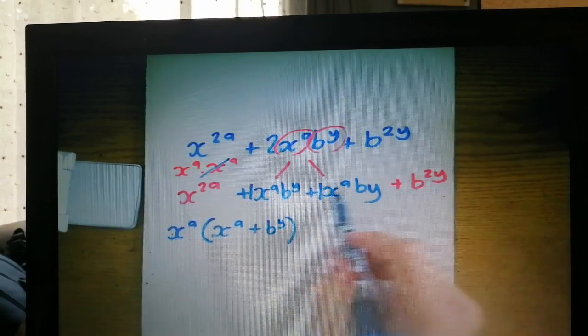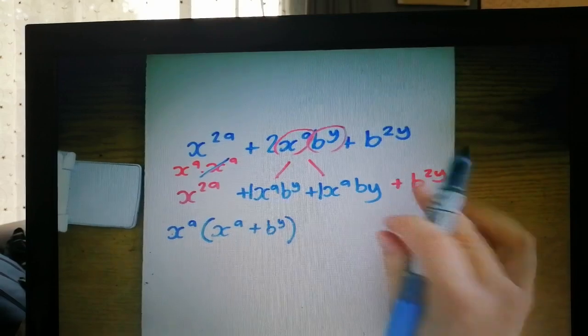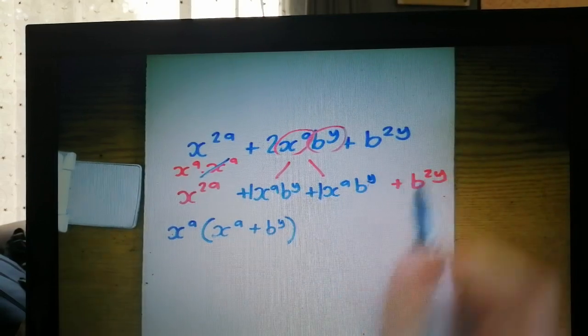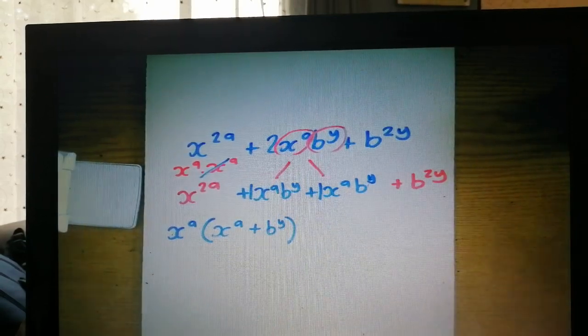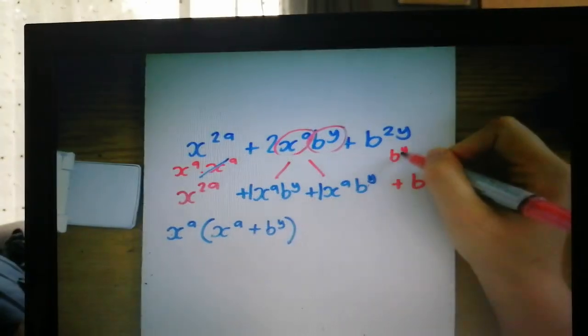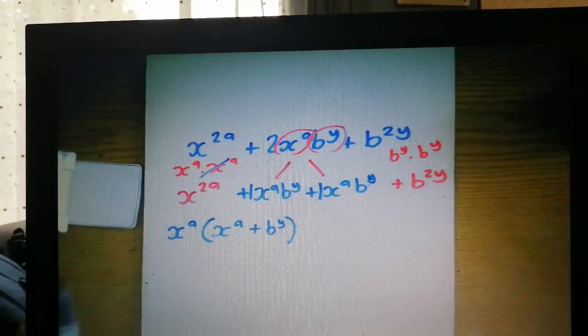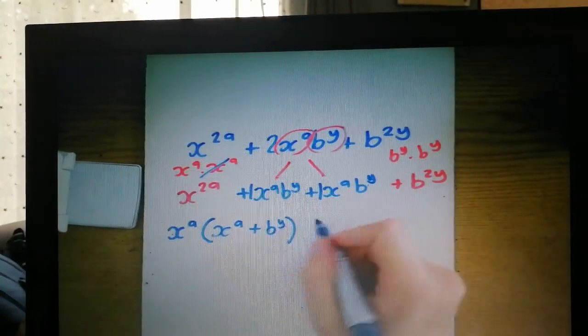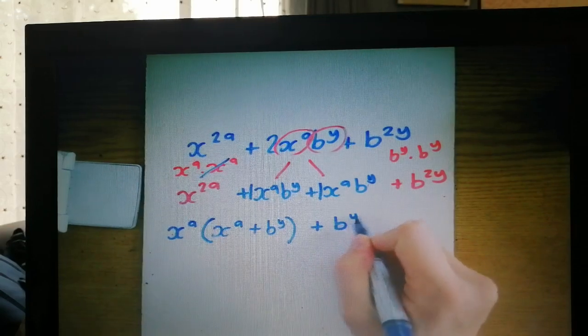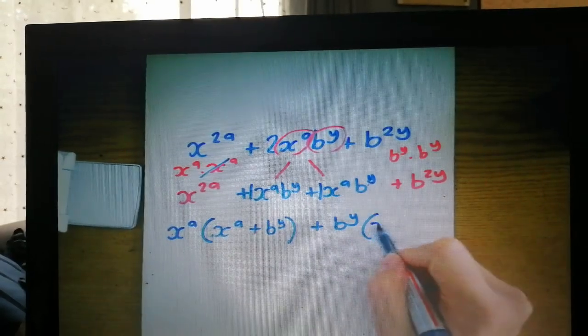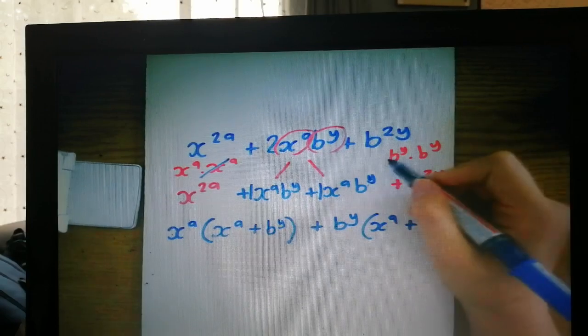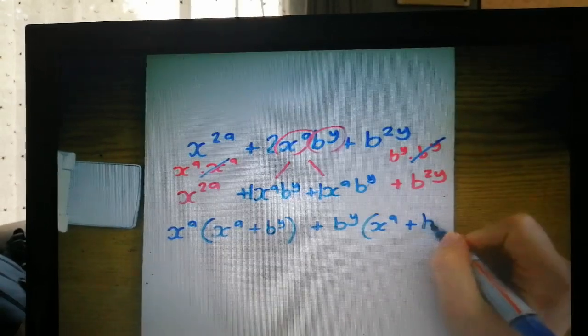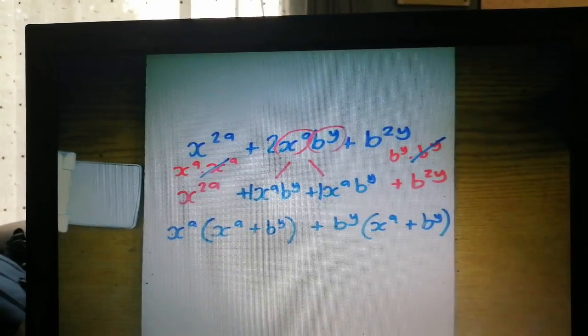Okay. On this side, what is my HCF? Sorry, this is b to the power of y. On this side, what is my HCF? Remembering that this was b^y times b^y, I have an HCF of b^y. So I take out b^y, and what am I left with here? I'm left with x^a plus, if I take out one of these b^y's, I'm simply left with b^y.